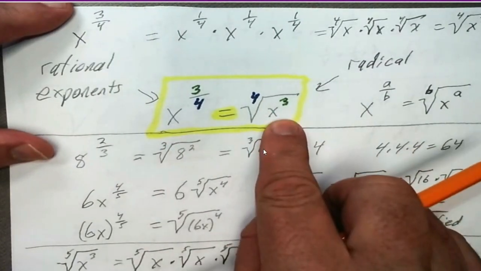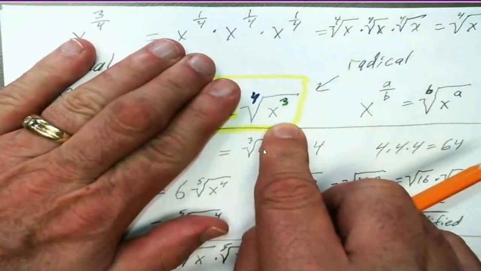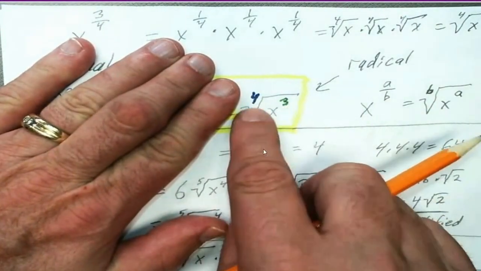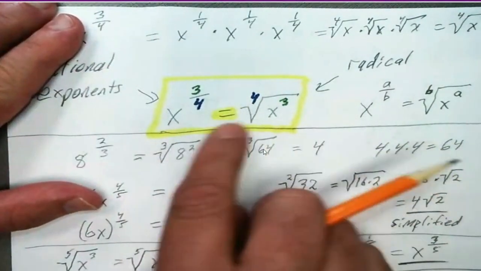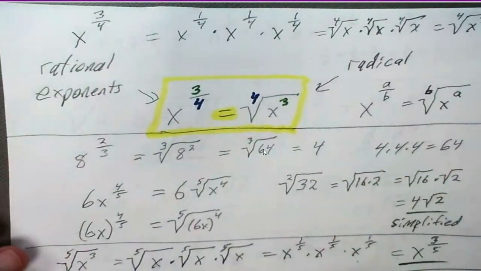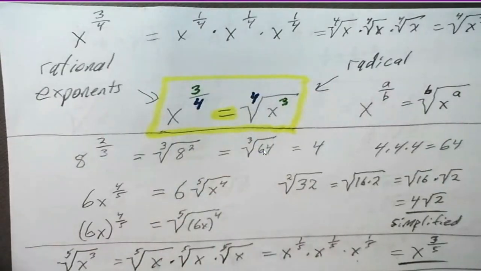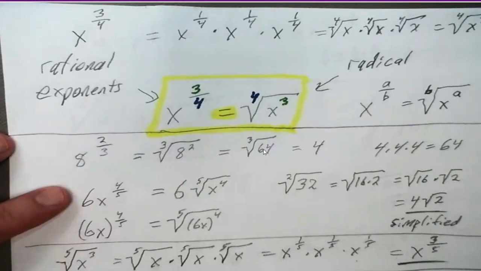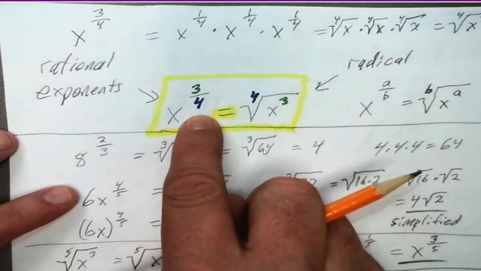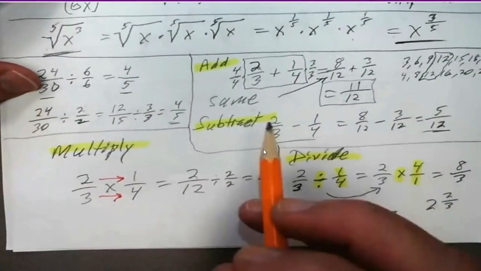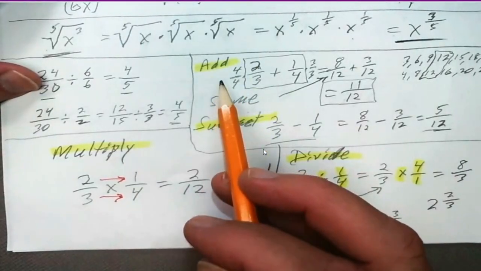And we could go back the other direction. If we were given this, we know that the 3 goes on top and the 4 goes in the denominator. So that's the important part of this whole unit, is knowing how to go back and forth between these two different types of expressions.